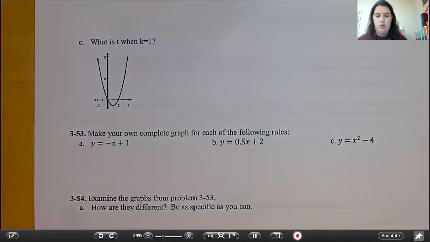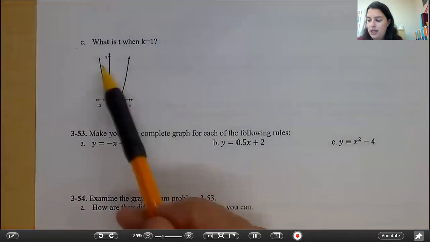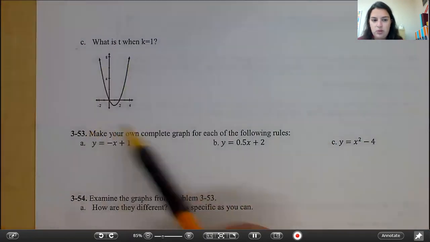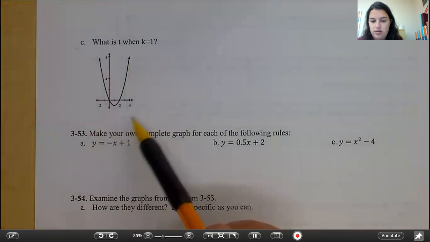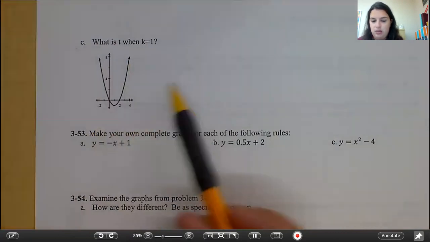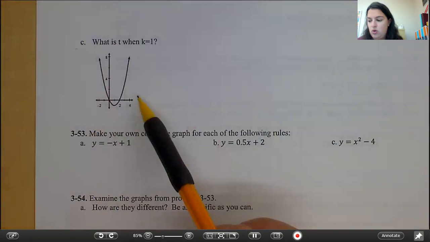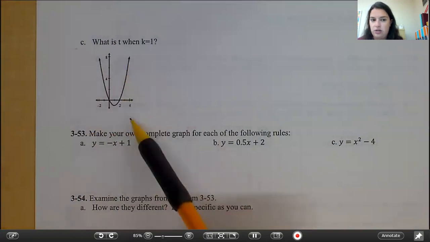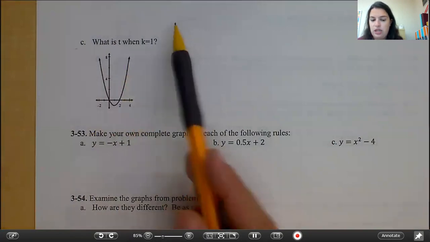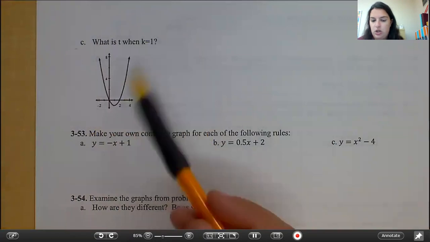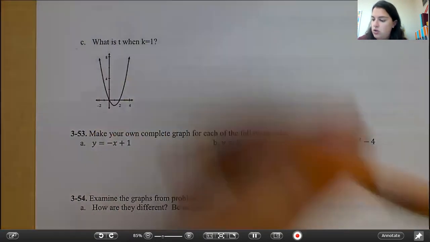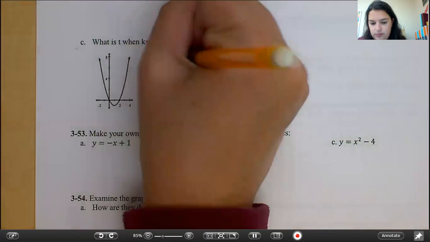Part C says, what is t when k equals 1? So we have our arrows, we have labeled scales, but what are we missing? Okay, we don't know what the axes are here because we're talking about t and k. We're not talking about x and y. So the axes are not labeled.